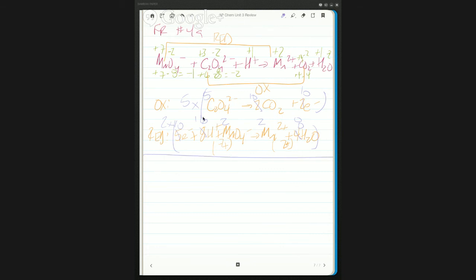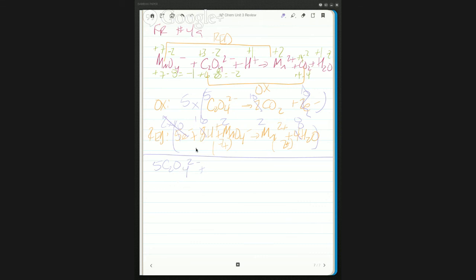We end up with 5 C2O4 2 minus plus, now the electrons canceled out on both of them.